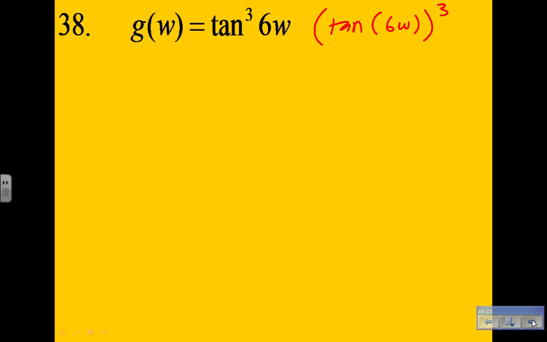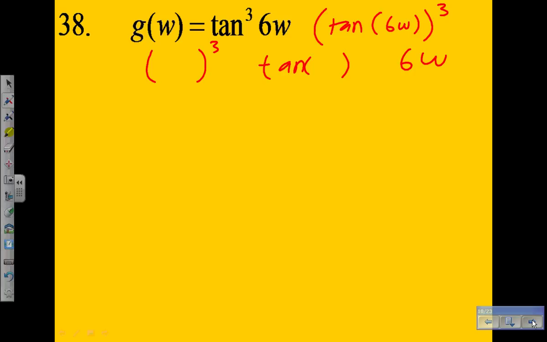You're going to have 3 parts. You're going to have the derivative of the cube, the derivative of the tangent, and the derivative of the 6w. And then you multiply those 3 parts together. Remembering, until you get to the end, the inside doesn't change.